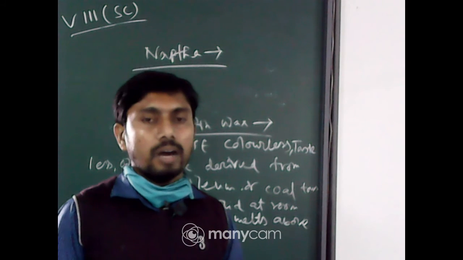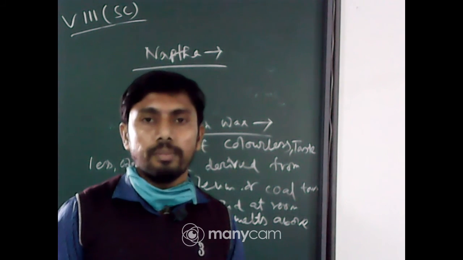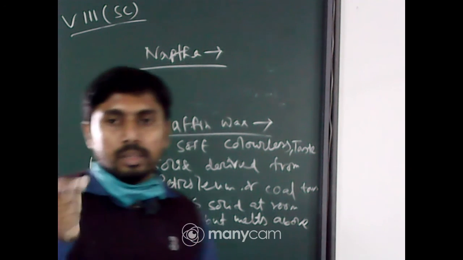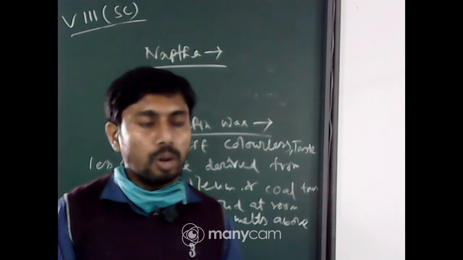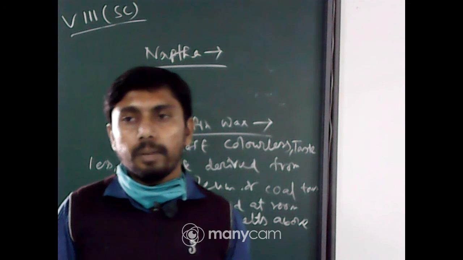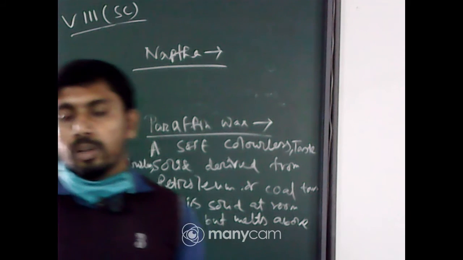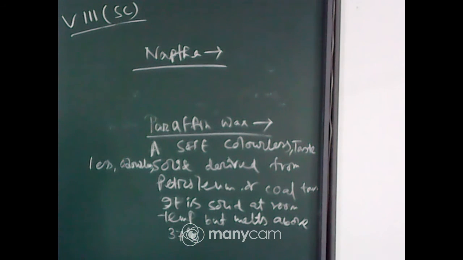It depends on the refinery which products are obtained, depending on the number of carbon atoms and the compounds. For this reason, naphtha is the mother compound obtained from all refineries.